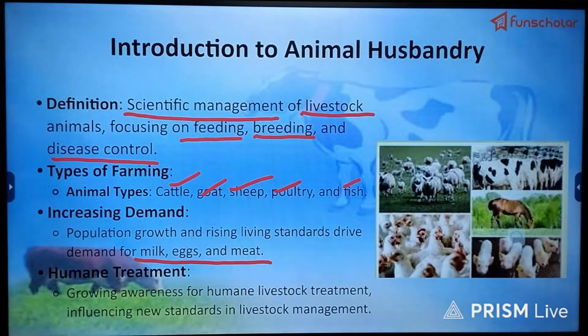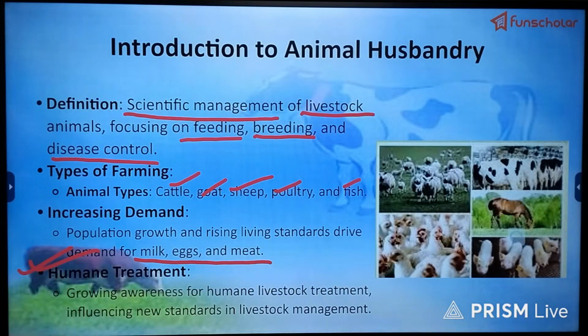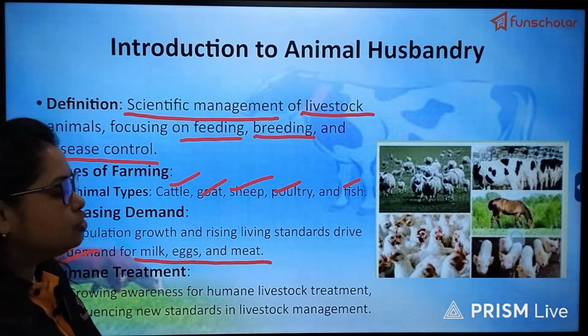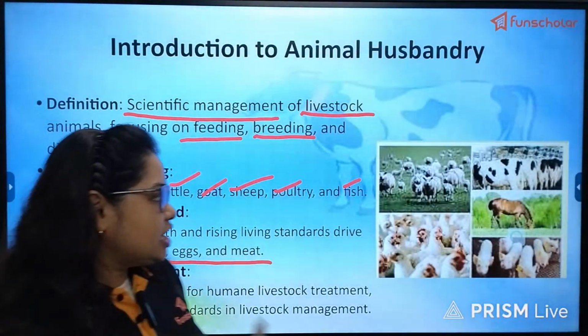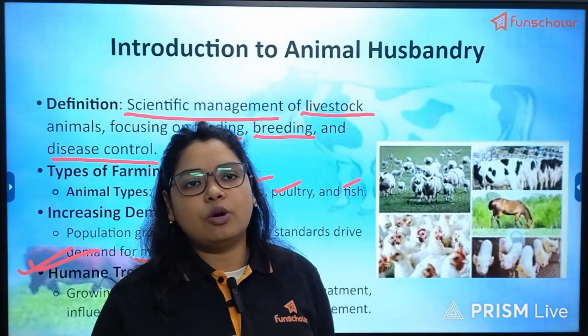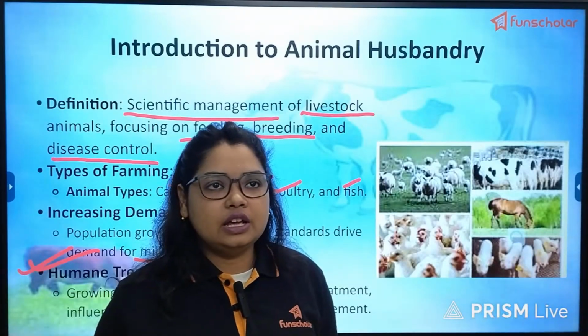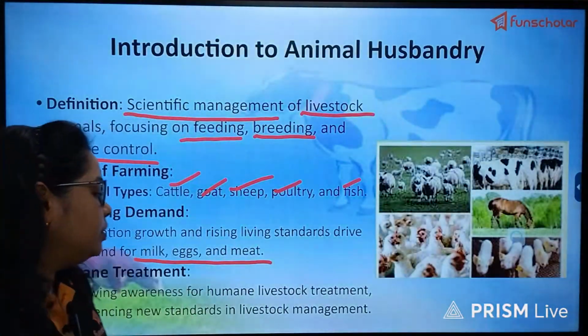Then humane treatment, yes, this is a very important point which is most of the time overlooked by the animal husbandry people or the managers who are managing this animal husbandry. Livestock should not be kept in crowded places, not properly fed, and then we obtain their products in a very unethical and inhumane way. So that should be stopped.